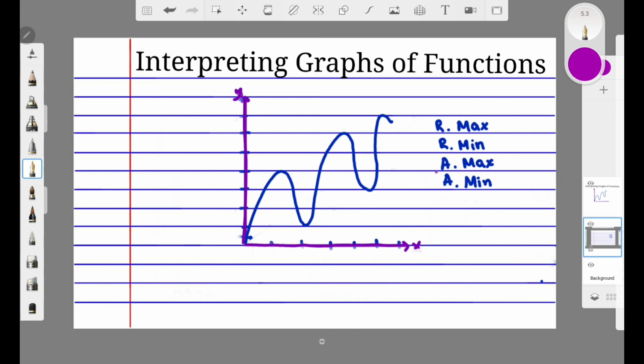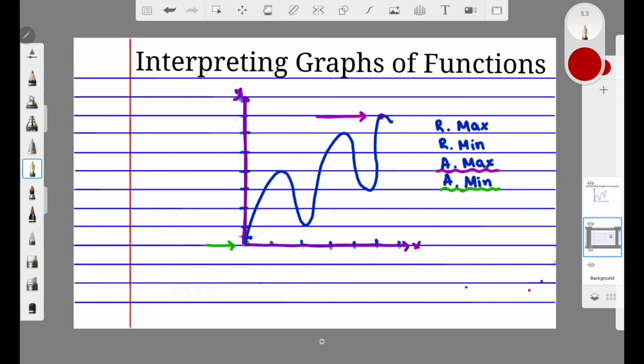An absolute maximum is basically exactly how it sounds, the absolute maximum that the graph goes up to. If we look at our highest point in the graph, it's right here. So this is our absolute maximum. Now let's identify our absolute minimum. Same thing, we just look at it. The absolute minimum is right here at the very bottom, at the very starting point.